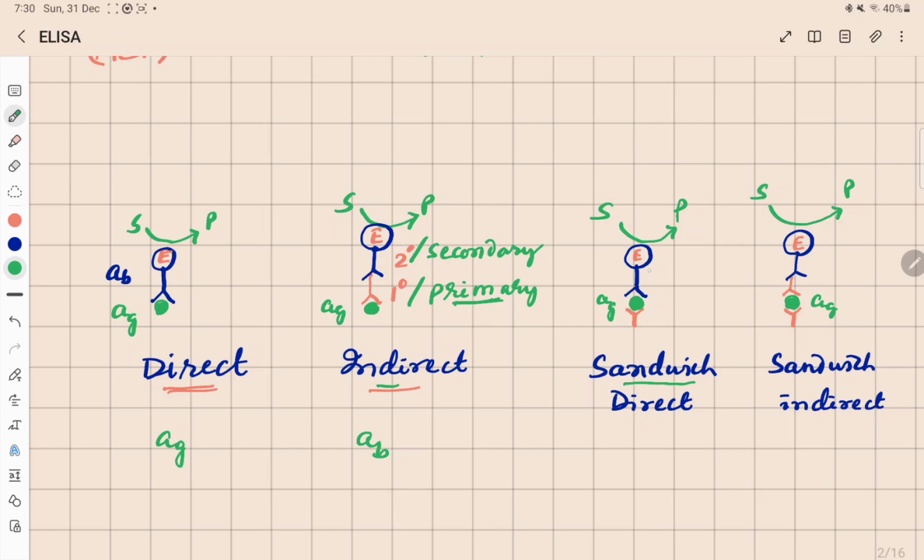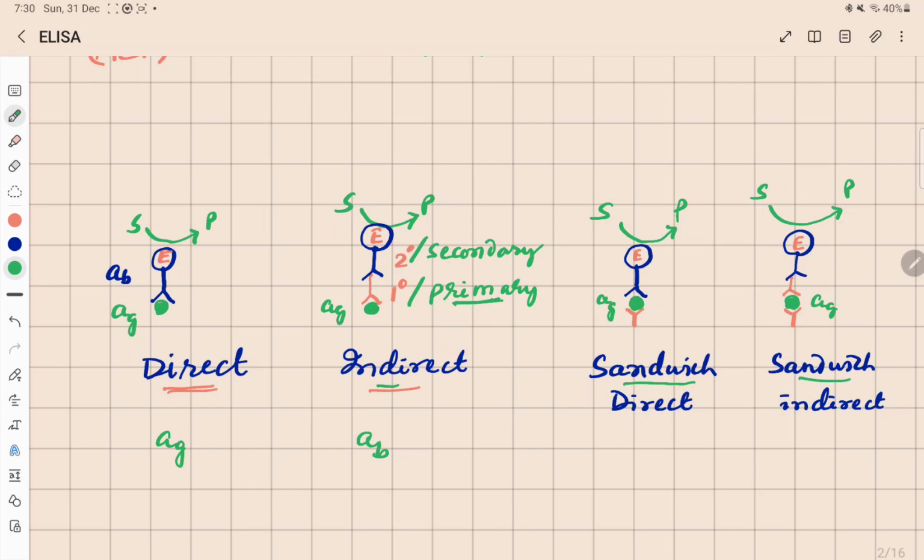So if we use only one antibody in addition to the capture antibody, then we call it direct sandwich. And if we use two antibodies, one primary unconjugated antibody, then a secondary enzyme conjugated antibody, then we call it sandwich indirect ELISA.